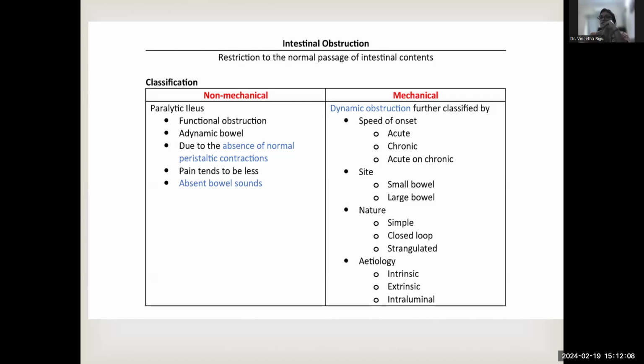Now you cannot see the opening, isn't it? It's obliterated. Or it is intramural. Okay, it is through the wall that the tumor has invaded through, and causing the obstruction. So these are the two different types, basically, the non-mechanical and the mechanical.